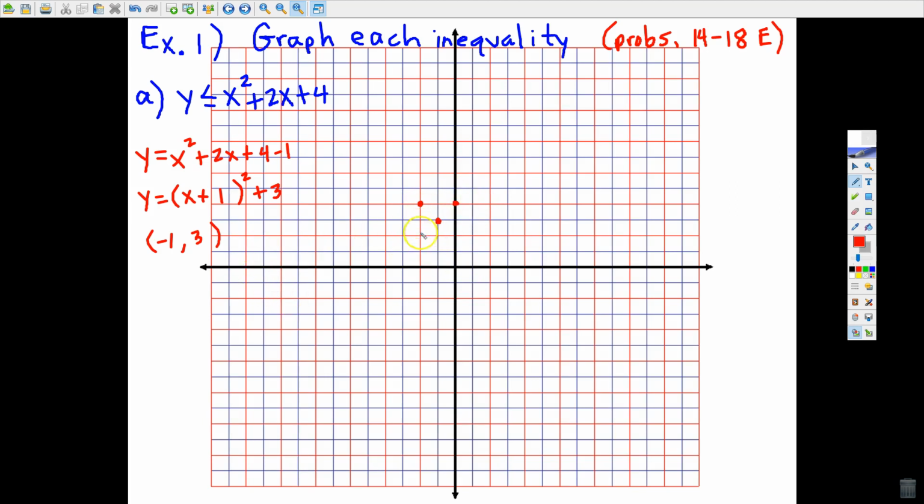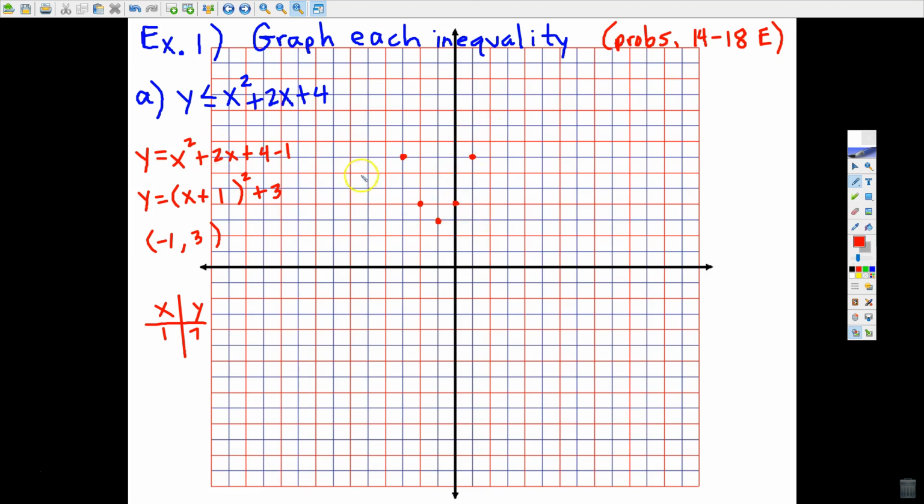And now just another input, like for example input 1, and for an input 1 I get 1 plus 2, which is 3, plus 4 is 7. So the point 1, 7 is also on the graph, and match that up using the AOS.